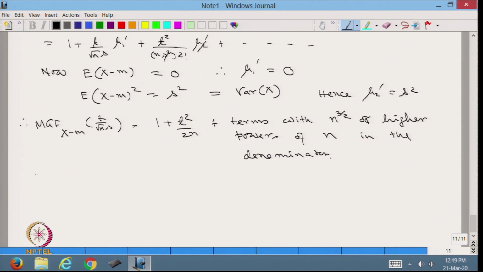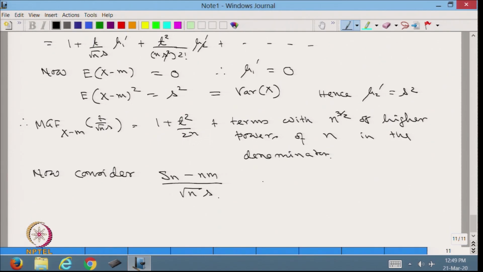Now, consider Sn minus Nm upon root over n s.